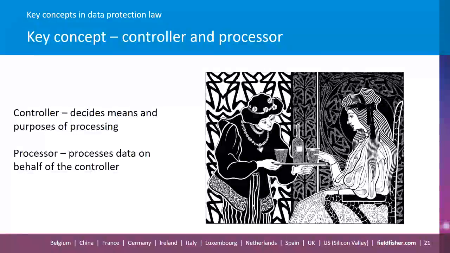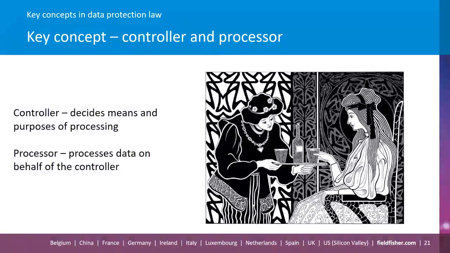A controller decides what to do with personal data. So they might use it for marketing purposes, or they might use it in order to reach out in different ways to customers. So they decide, they make business decisions or other decisions about what is done with personal data.